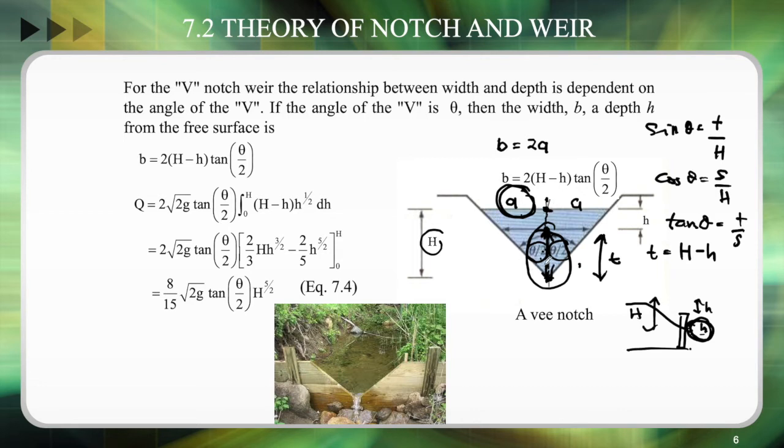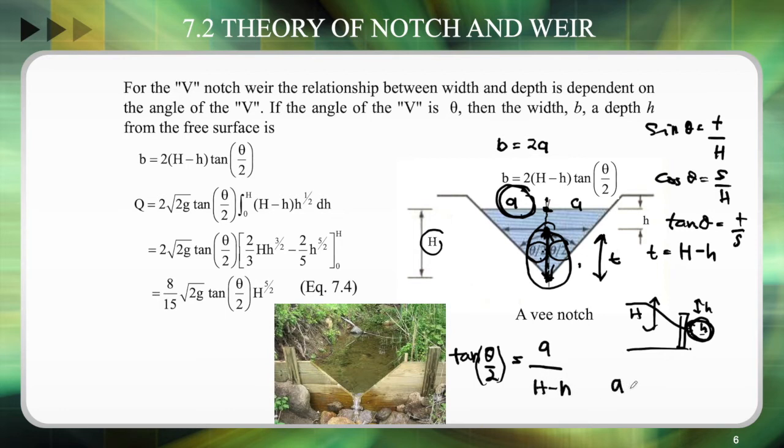We do have this value, which is T, and we want to find the value of A. Therefore, tan theta over 2, because here the angle has already been cut in half. So tan theta over 2 equals A divided by T, which is H minus h.